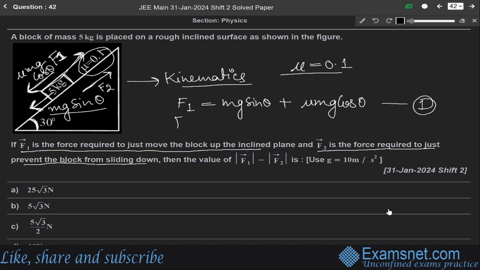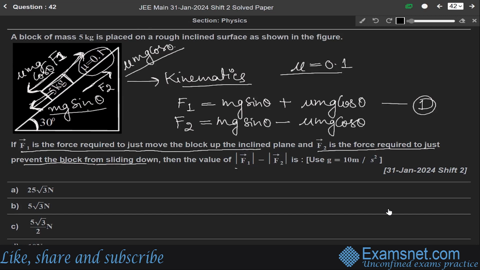So for this, the frictional force will act in the upward direction, that is mu mg cos theta, and obviously the mg sin theta will act in the downward direction. So this F2 will be equal to mg sin theta minus mu mg cos theta, since the frictional force is now acting in the upward direction.